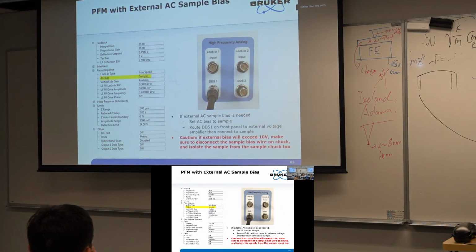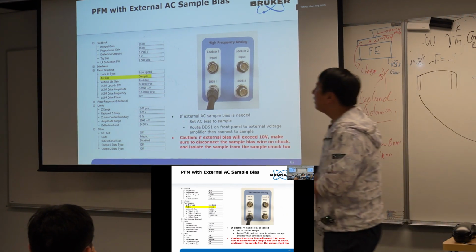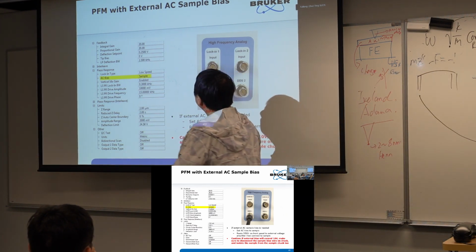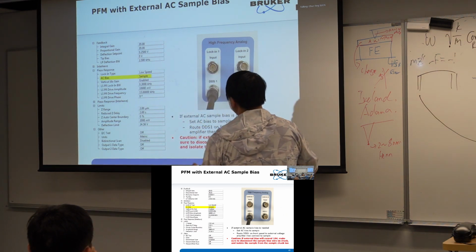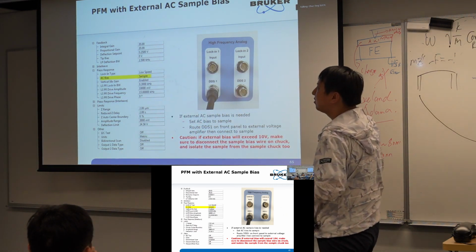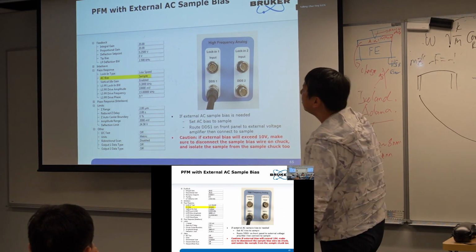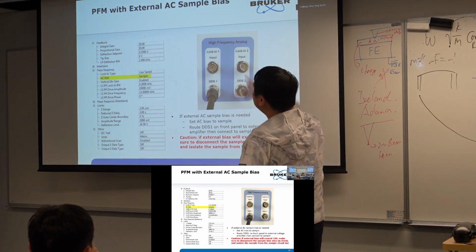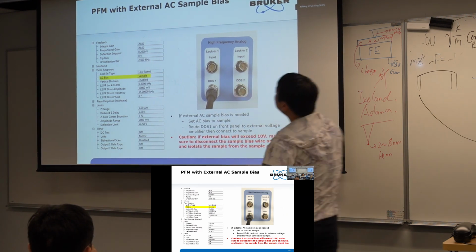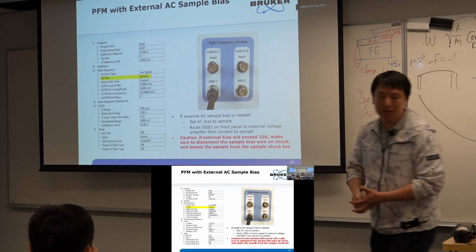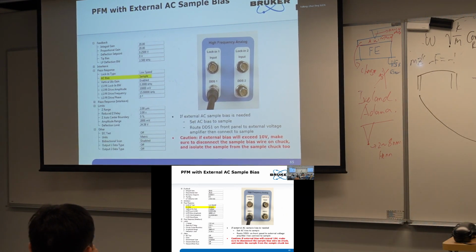If you have an external AC source, some very good power source that you want to use, you can also use our instrument to output the AC signals and use your machines to apply AC bias on the sample.